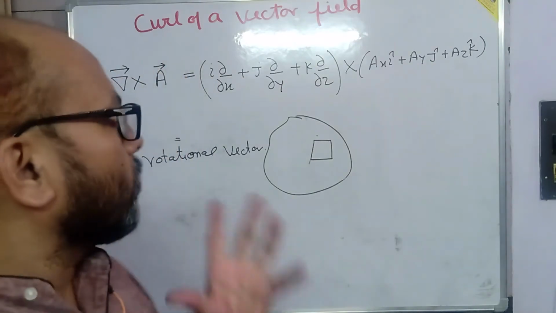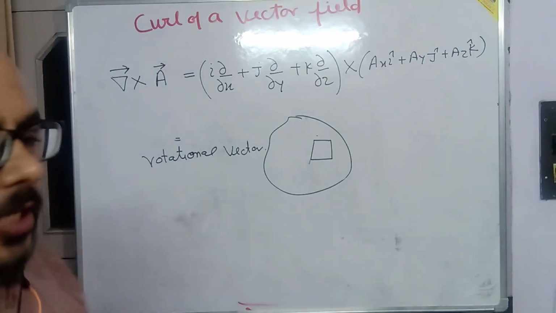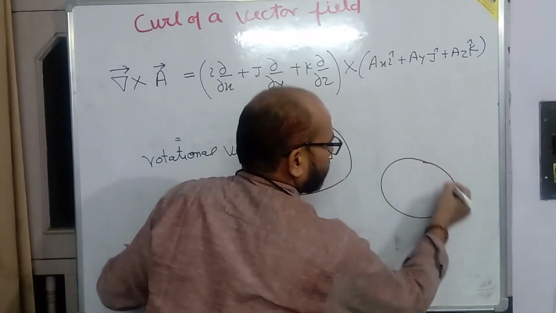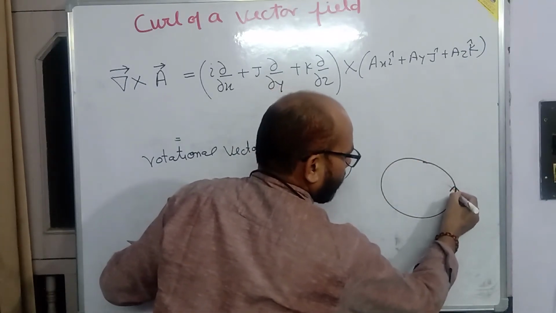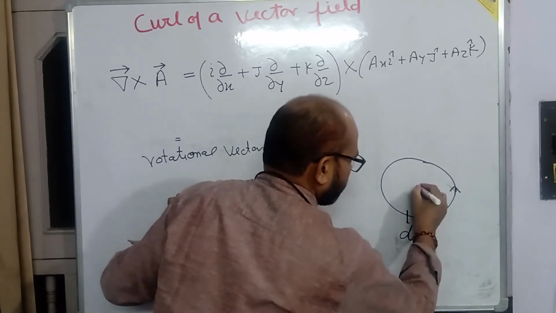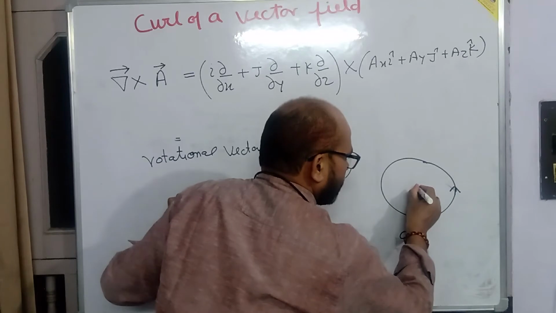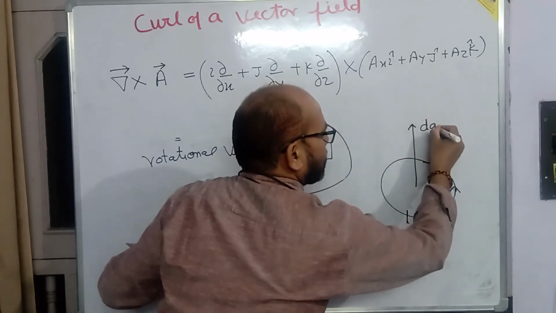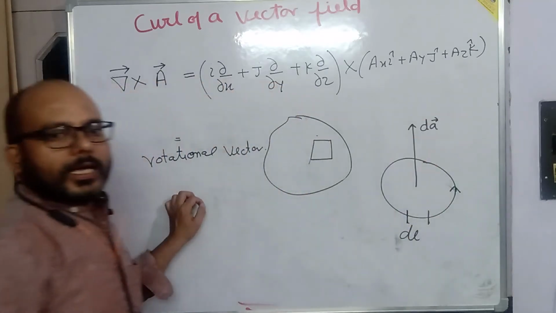So how can we calculate the curl of a vector field? Take a circular wire with a small line element dl, and draw the normal vector, which is known as the area vector.